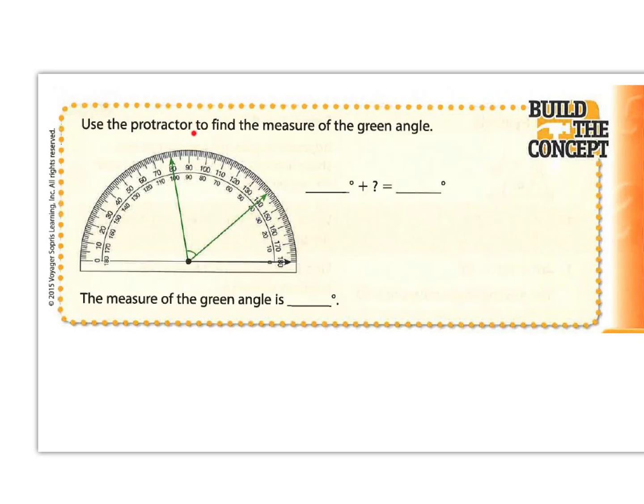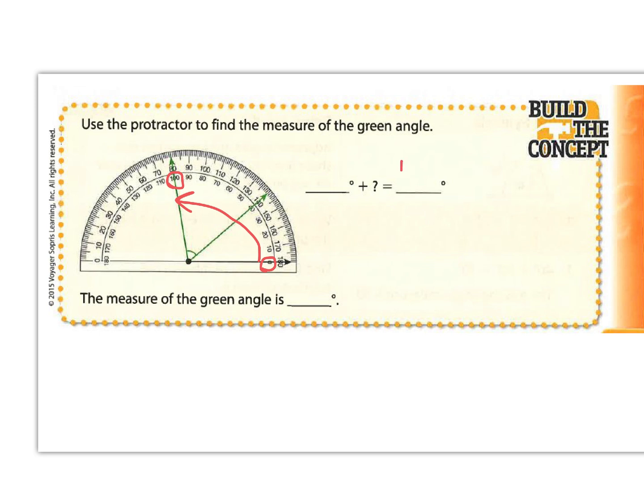Here it says, use the protractor to find the measure of the green angle. Well, we have this green angle right here. This is not lined up on that 0 like we know how to do. But we can figure it out because we know that this whole angle is lined up on the 0 right here. So we can see that this full angle from here to here, here's the 0, and here it is at 100. We know it's 100, not 80, because it's more than 90 degrees.